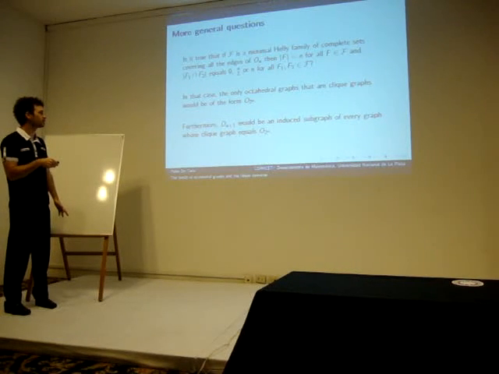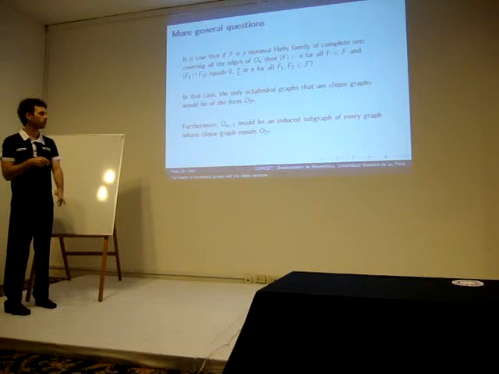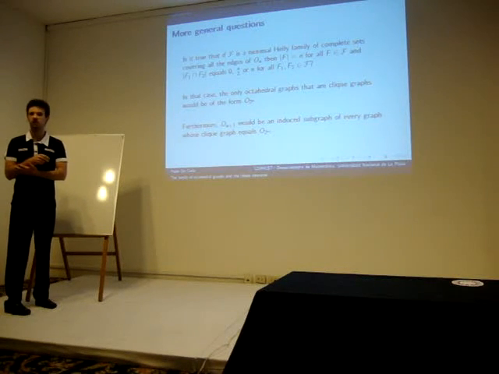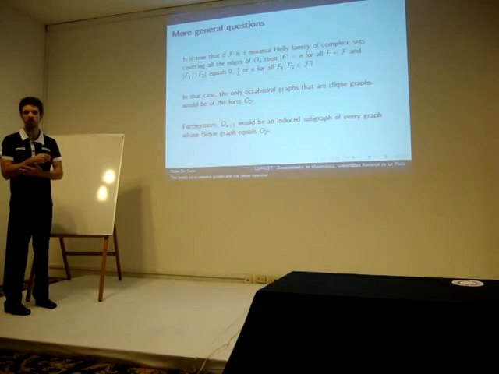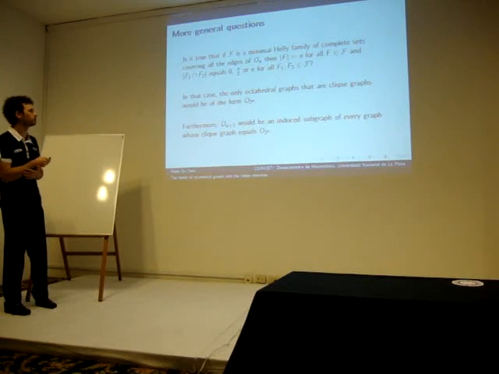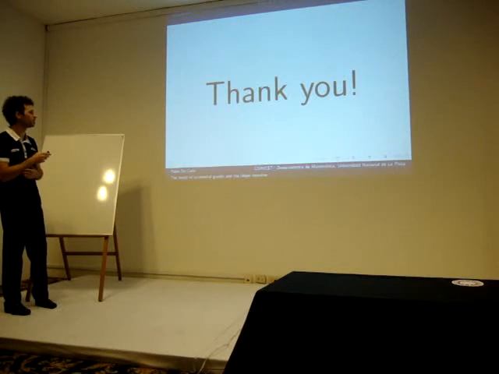And in that case, it can also be proven that O sub n plus 1 would be an induced subgraph of this graph, and well, that could hopefully be the beginning of a general proof that k to the n of g is different from k to the n plus 1 of g. Well, thank you.